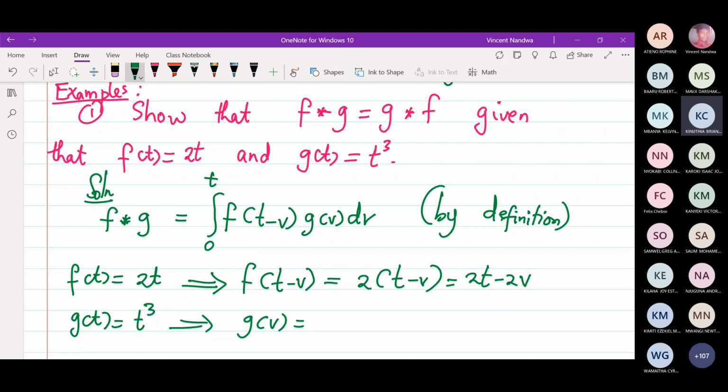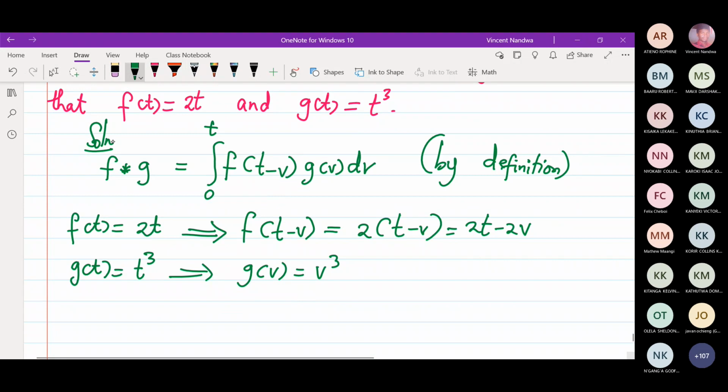Just v cubed. Remember, these are things you used to do in pure math. If you are given the input as t, the new input is v. So you take the same formula, only that the role of t is taken by v. So if g of t is t cubed, then g of v will be v cubed. Fine.